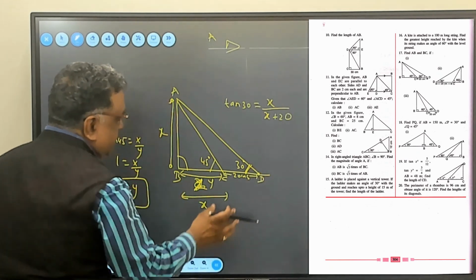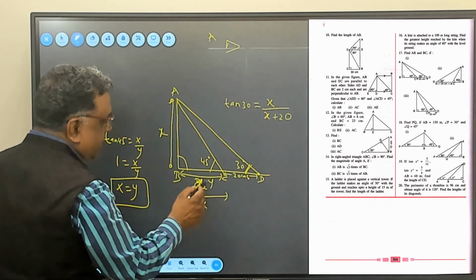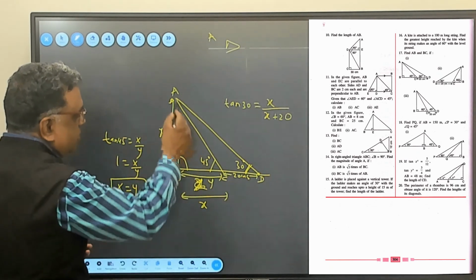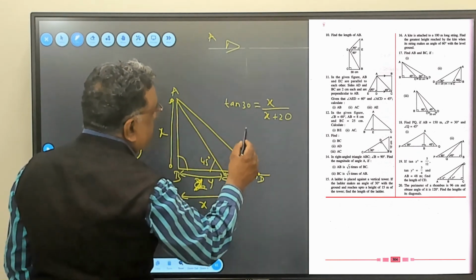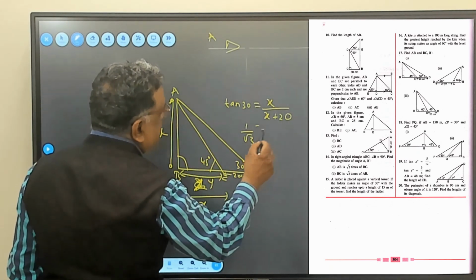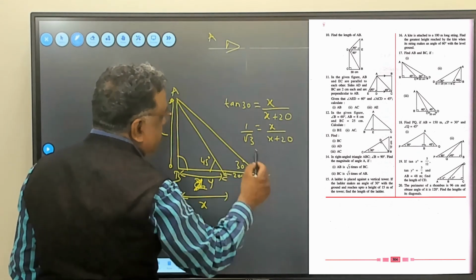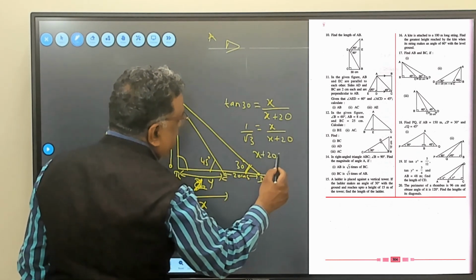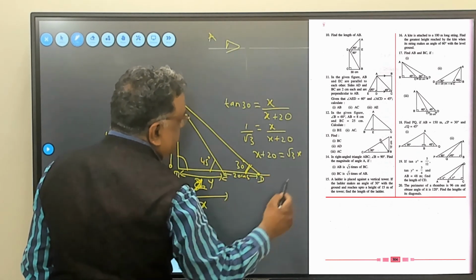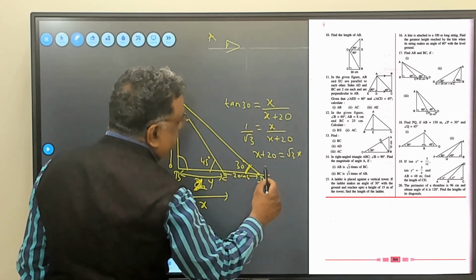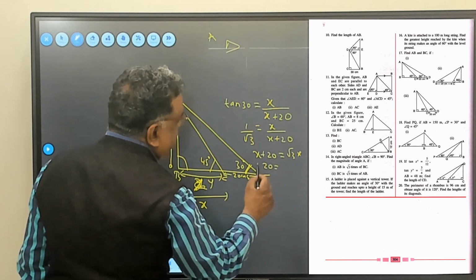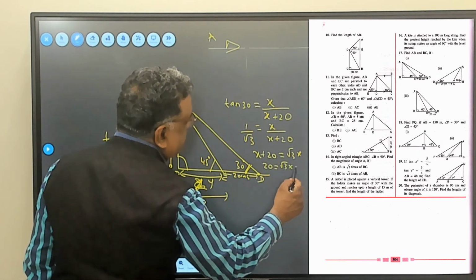Yes or not? 20 plus X, because this was Y, but Y is equals to X because that we found out from this triangle. So now I can do 1 upon root 3 because tan 30 is 1 upon root 3, X upon X plus 20. I will take X plus 20 there and I will take root 3 there. Now I will do 20, I will take X on that side. So root 3X minus X.